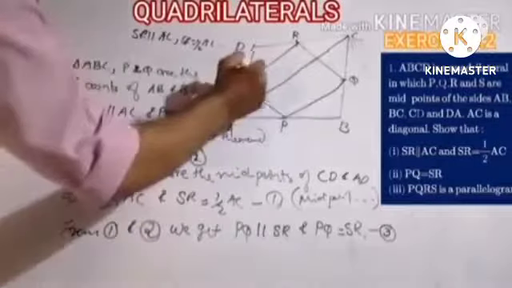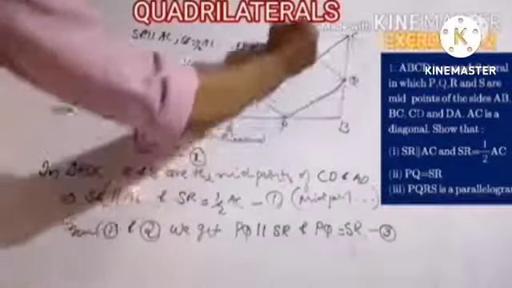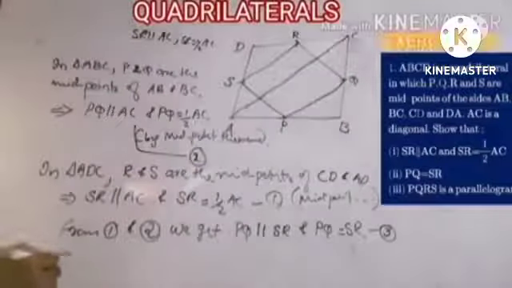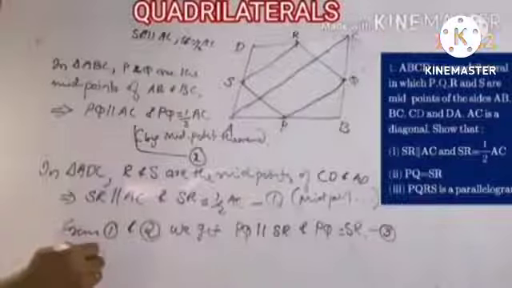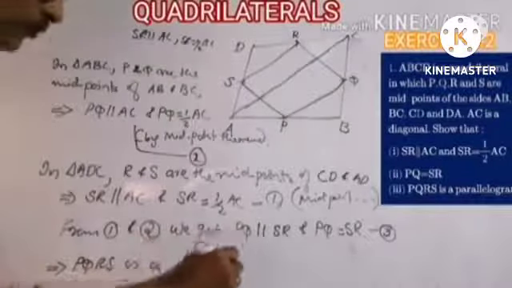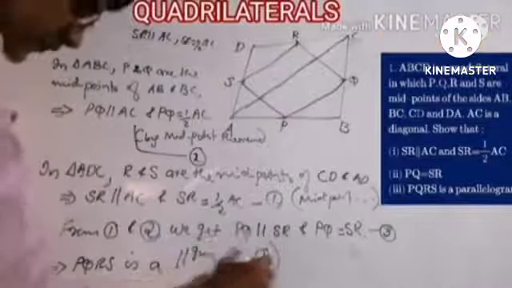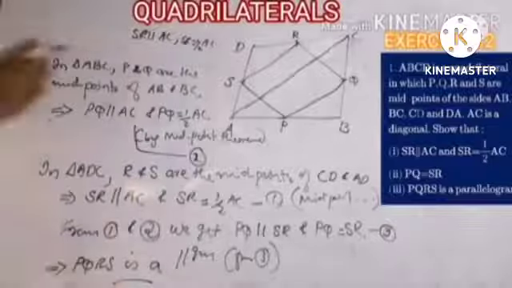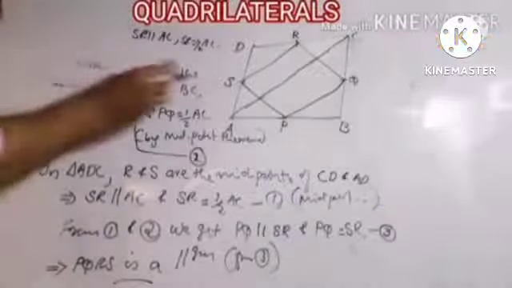PQ parallel to SR and PQ equal to SR implies PQRS is a parallelogram, from 3. Okay, so answer 1 is completed. Write that answer.